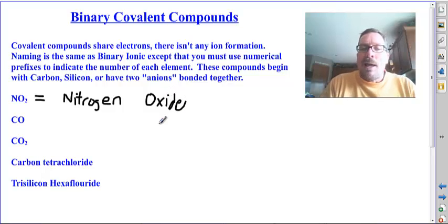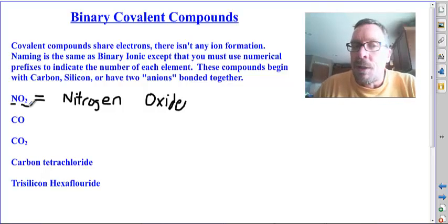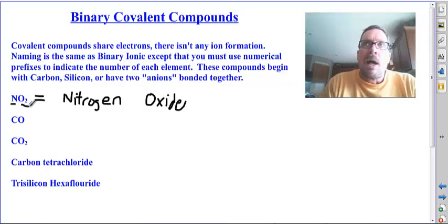Now, what we have to do differently is use numerical prefixes to indicate how many of each element I have sharing their electrons in this compound. The reason I have to do that is there's no ion formation.